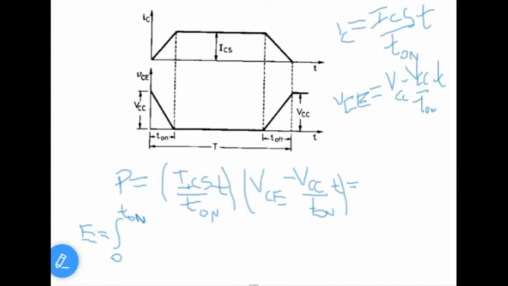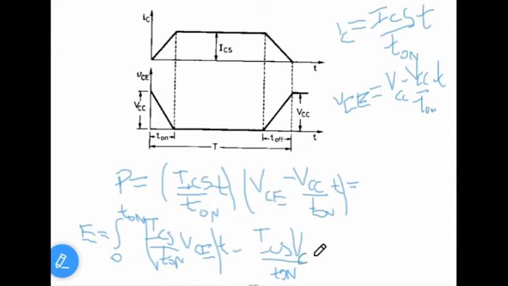We need to integrate from 0 to t on so that I can get the switching energy loss. Sorry, t on square you will get.